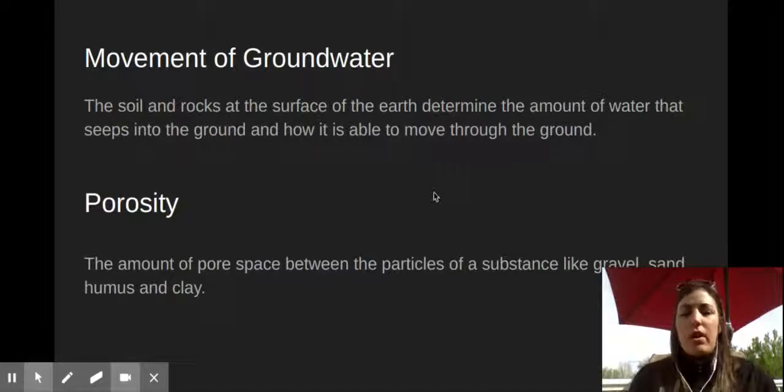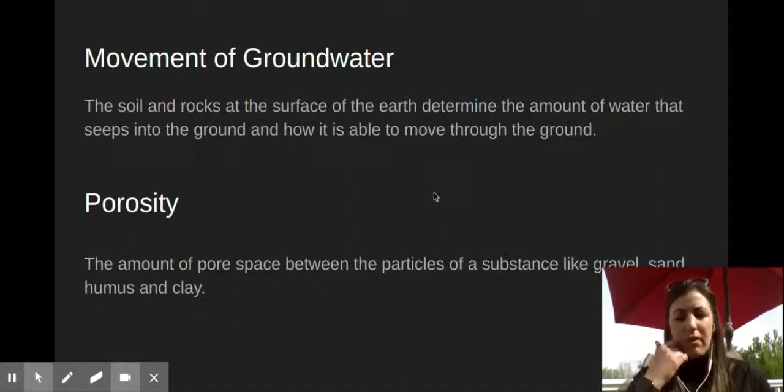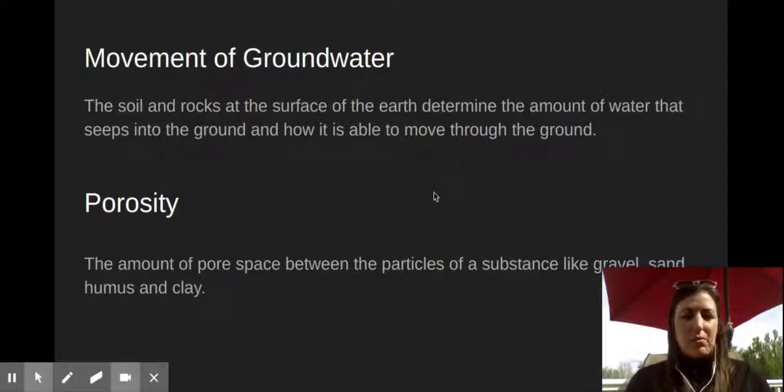Movement of groundwater. It all has to do with the soil and rocks at the surface of the earth. It depends on their properties, the components. What type of soil is there determines how much water can seep into the ground and how fast it can seep into the ground and move through the different layers of the earth. Porosity is one of the factors that determines that.